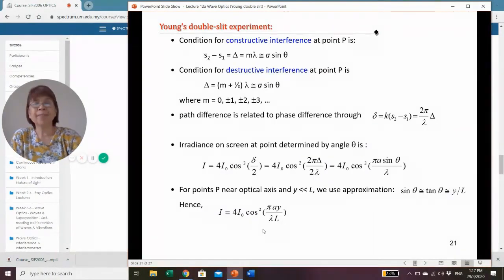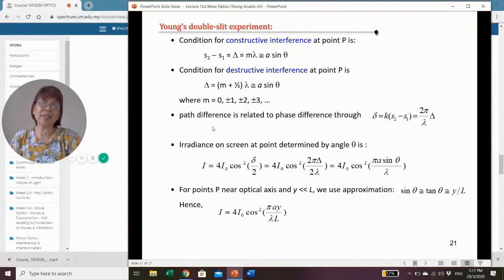Now the condition for constructive interference at point P for Young's double slit experiment is S2 minus S1, which we denote as delta, equal to integer multiples of lambda, and that is also equal to a, the slit separation, multiplied by sine theta. And the condition for destructive interference is when this term is equal to n plus half lambda.